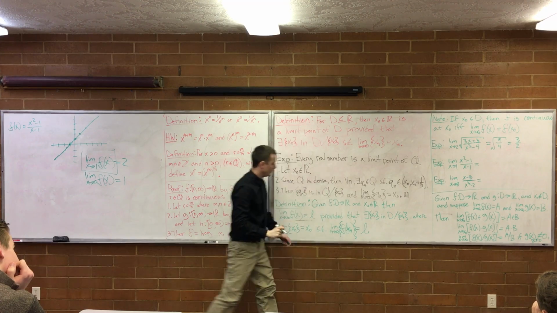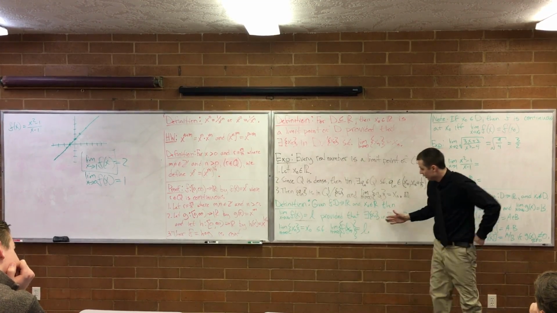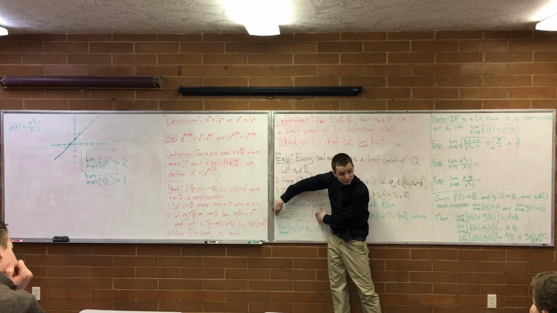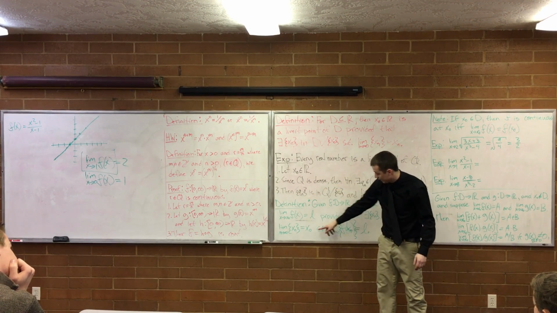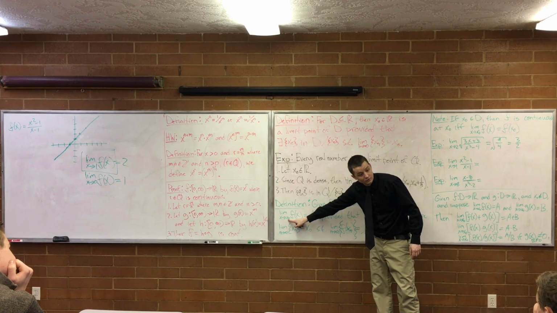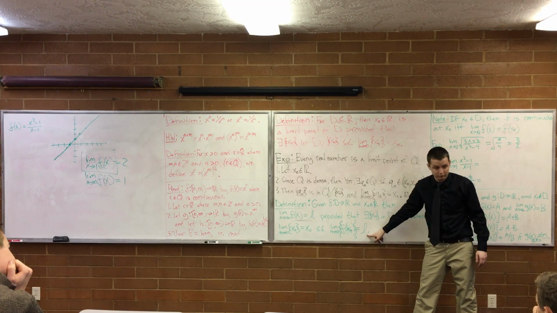Sorry. I don't know if I'm throwing you off with my notation. But what are we saying? Anytime you see this, what does it mean? If you see this, then you know that there is some sequence xn in the domain that converges to x naught, whatever that number is, such that the limit of the function of xn equals L.